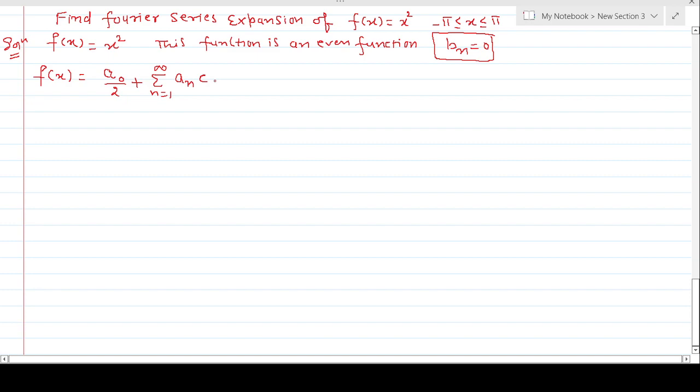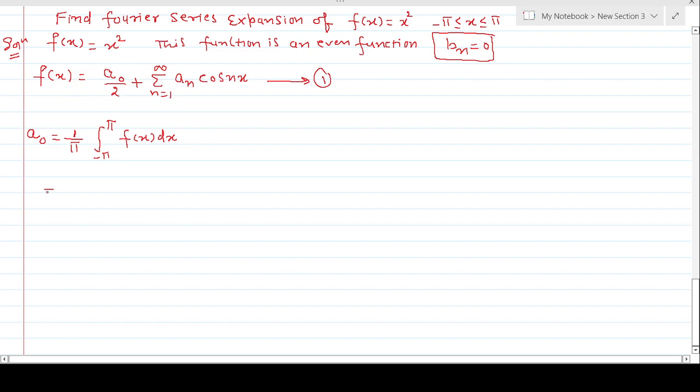So what is the formula for finding a naught? A naught is equal to 1 by pi integral from minus pi to pi of f of x dx. So it is 1 by pi integral from minus pi to pi, and the function here is x square into dx.